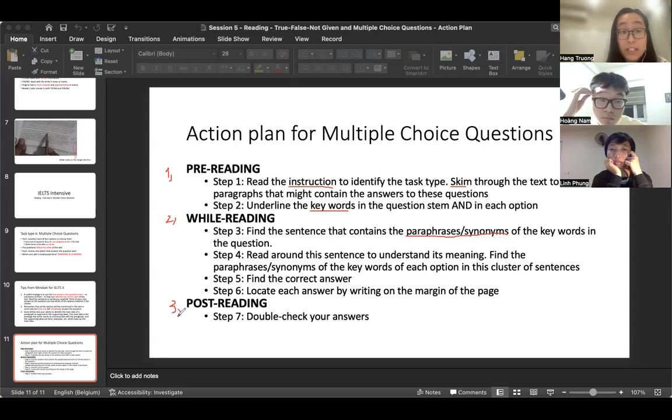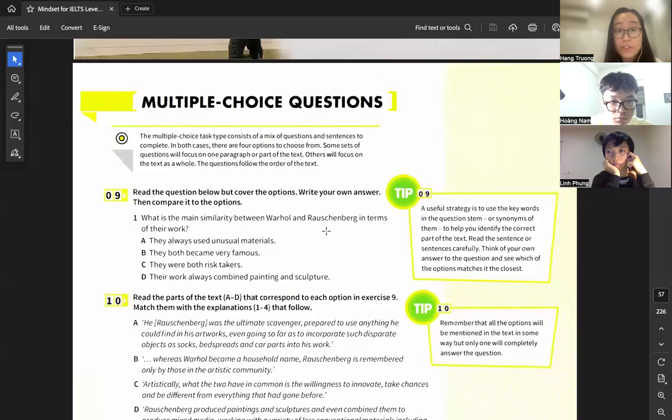Make sure that you have the correct spelling, and also make sure that it's actually the answer to the question, right? Because you always have time at the end to change your answers. This part is going to save you a lot of time at the end. Okay, that's it. Now let's go back to the book and do some exercises.